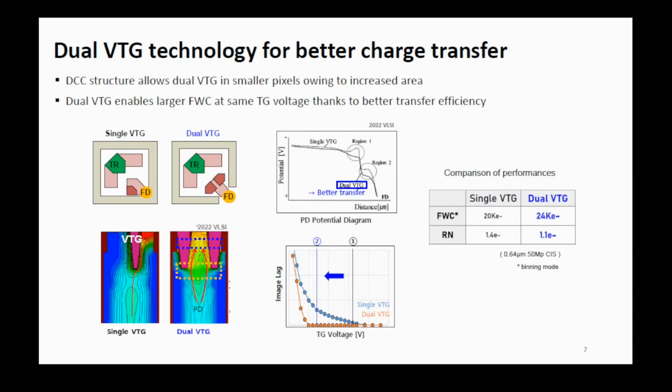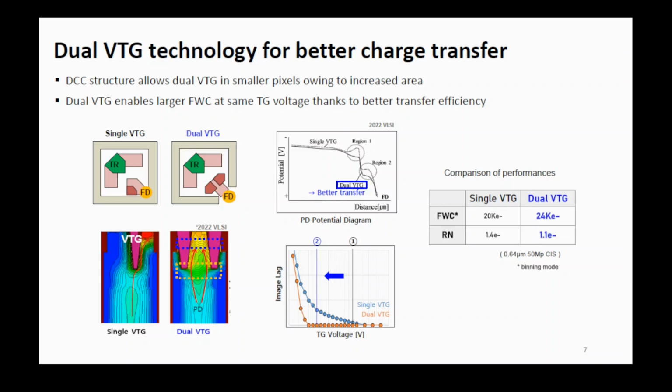And actually, the reduction of the dark random noise is not because of the dual VTG, but due to the application of the DCC structure.